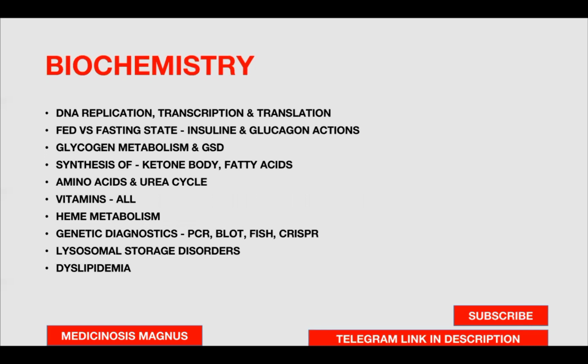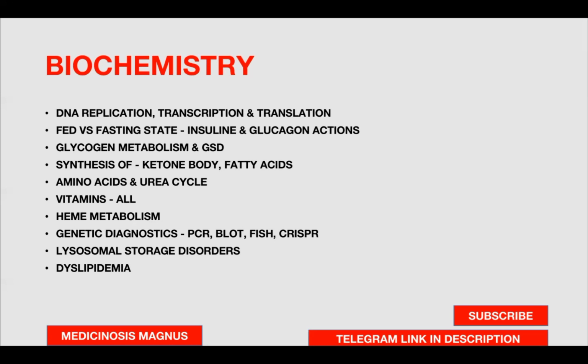In biochemistry, DNA replication, transcription, and translation, fed versus fasting state, the insulin and glucagon actions. Make sure you also know what pathways occur in anabolic state and what pathways occur in catabolic state. Glycogen metabolism and glycogen storage diseases, synthesis of ketone bodies and fatty acids, amino acids and urea cycle, all the vitamins and their diseases are very important.